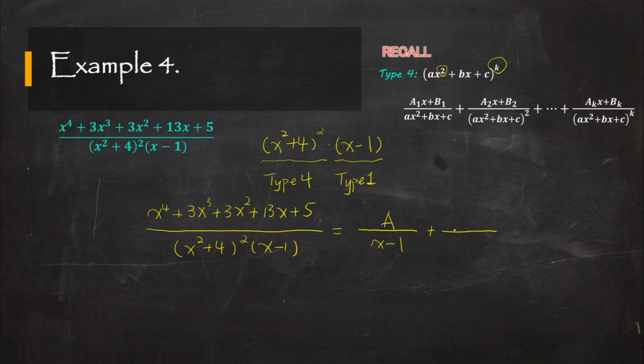So the first one is going to be x squared plus 4. And after that, here on the top, we have bx plus c. And the next one is x squared plus 4, and here we have a squared. The top is going to be the same. It's like something x plus something. So here we have dx plus e.